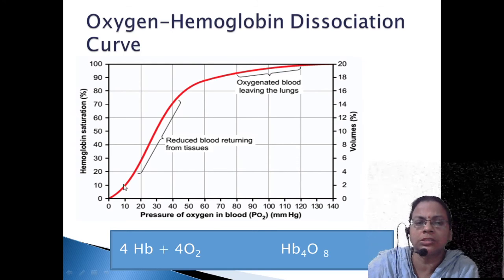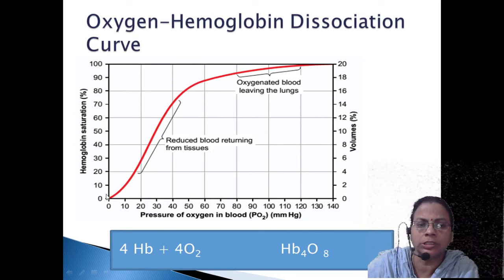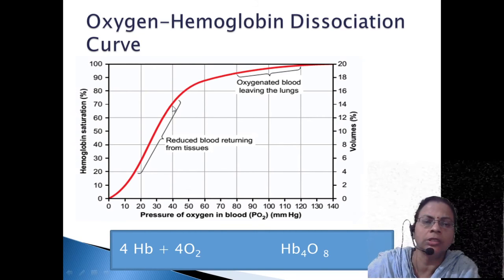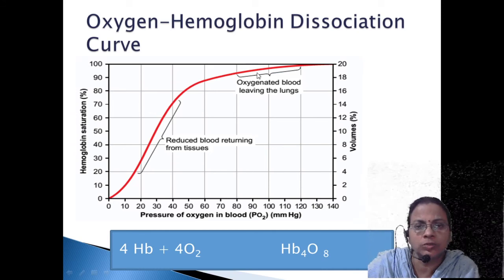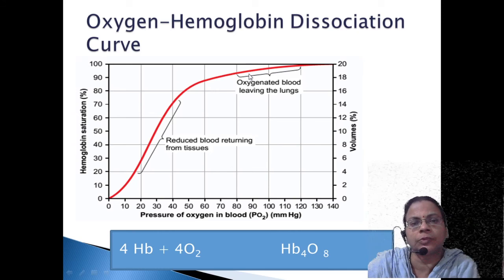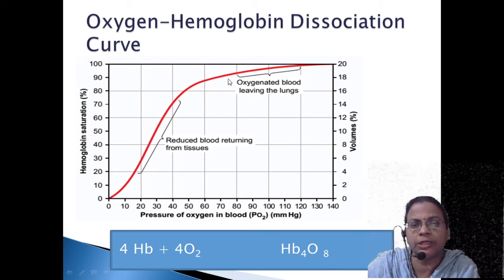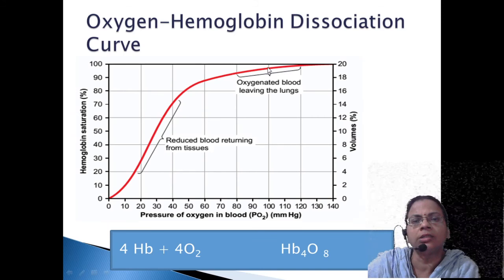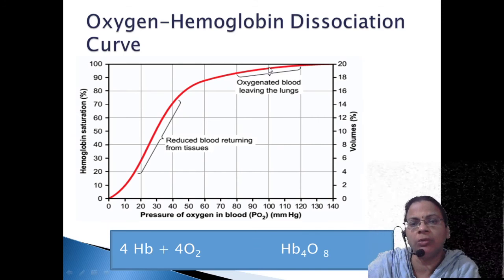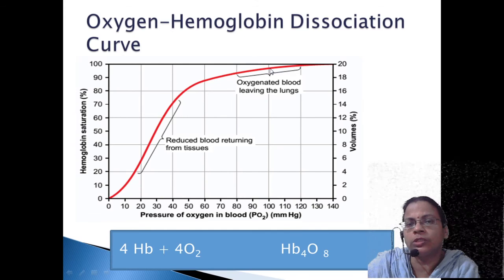So in the tissues the oxygen will be unloaded, and in the lungs the oxygen will be loaded. In this sigmoid curve, the binding of oxygen with hemoglobin is slow at first, but when it reaches the lung, the binding affinity of hemoglobin increases and hemoglobin will bind with oxygen.